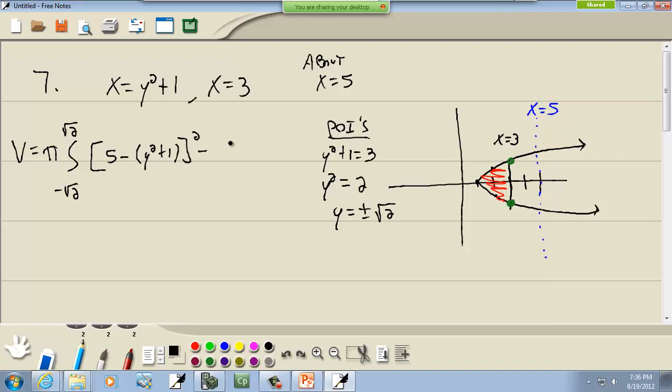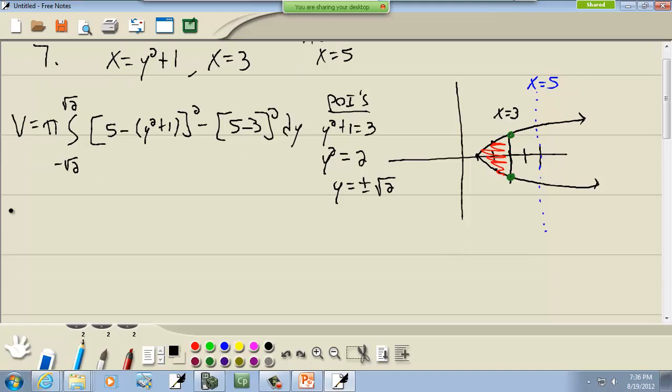And squared minus, and then our line minus our nearest one, which is 3, squared, dy. Okay, so we got pi integral from negative square root of 2 to square root of 2 of 5, that negative there flips sign, so it becomes negative y squared minus 1 squared minus 5 minus 3 is 2, so 2 squared dy.